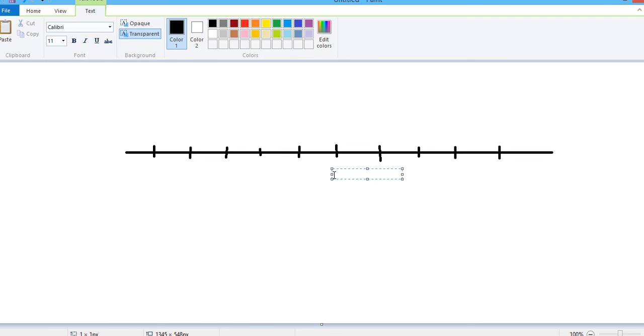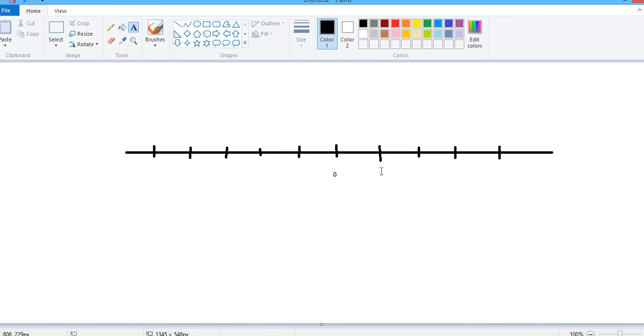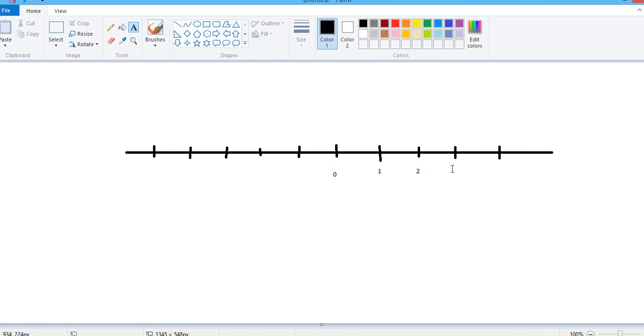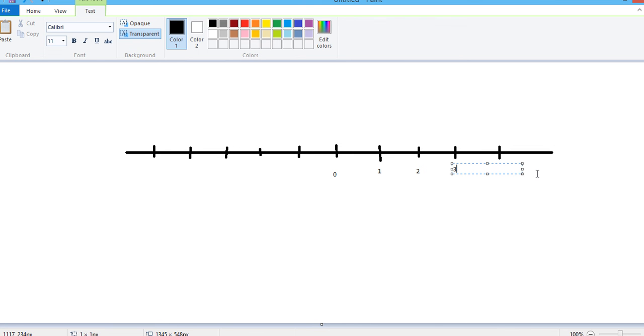So this is 0, this is 1, this is 2, this is 3, and this is 4, and here it is minus 1, minus 2, minus 3, minus 4, minus 5, and so on.